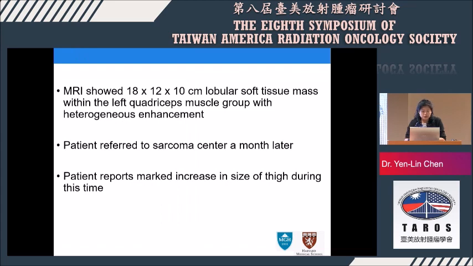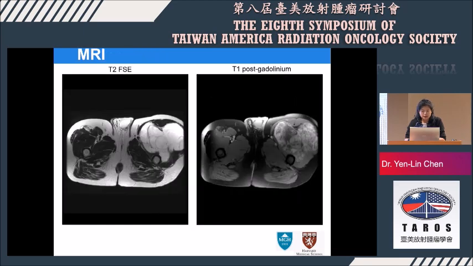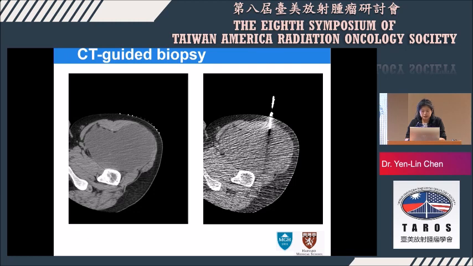The patient was referred to a sarcoma center a month later and reports a marked increase in the size of his thigh during this interim. A repeat MRI was ordered after consultation, and this showed an increase in size to 20 by 16 by 14 centimeters with multiple internal T2 low signal septations. So a CT-guided core needle biopsy was ordered.